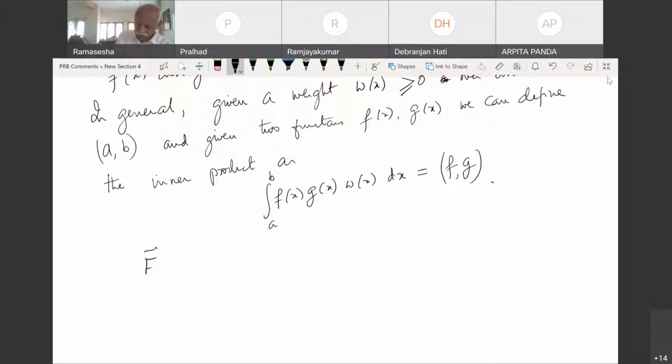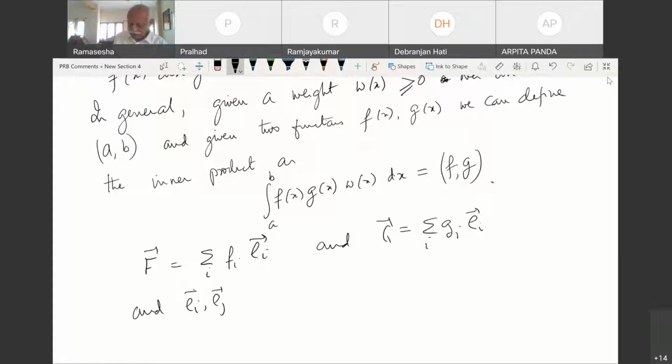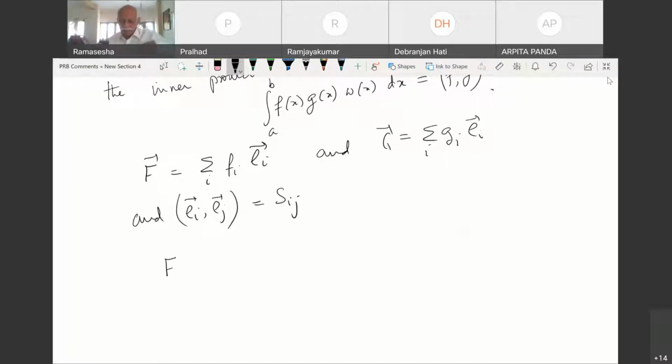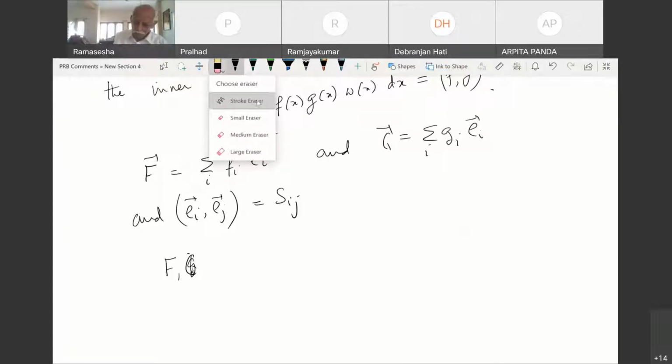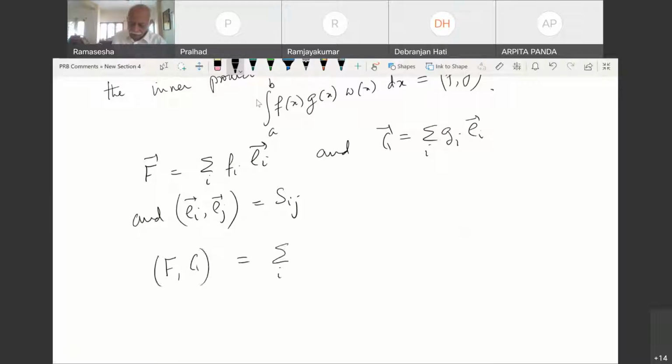So, for example, if I give you two vectors, f equal to sigma over i f_i e_i and g is equal to sigma over i g_i e_i, and if I say that (e_i, e_j) is not delta_ij, but it is some S_ij, which is an overlap of the two vectors, then you will see that f comma g is equal to sigma over i, sigma over j, both going from 1 to n.